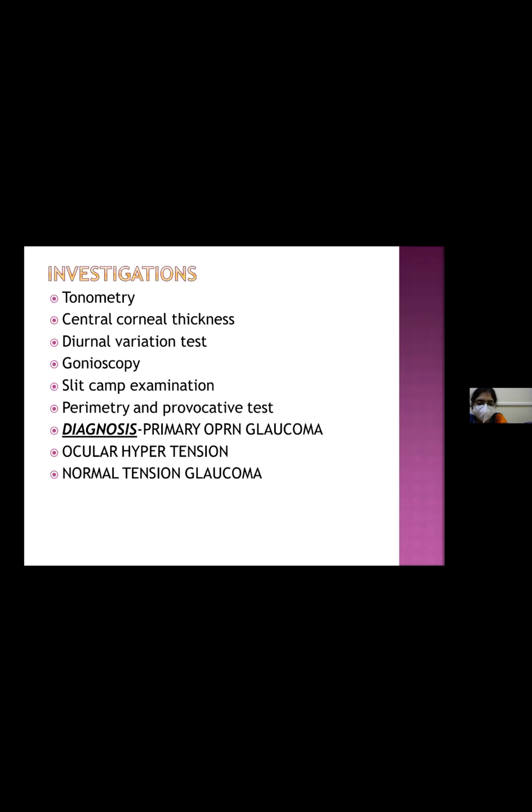Normal tension glaucoma is diagnosed when there is glaucomatous disc cupping with or without field changes, but the IOP remains below 21 mm of Hg.